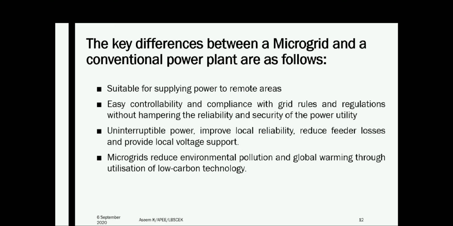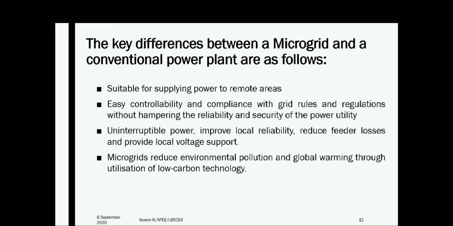Uninterruptible power improves local reliability, reduces feeder losses, and provides local voltage support. And microgrids reduce environmental pollution and global warming through utilization of low carbon technology, especially microgrids depending upon renewable energy resources.